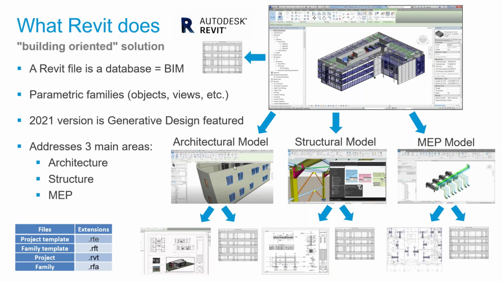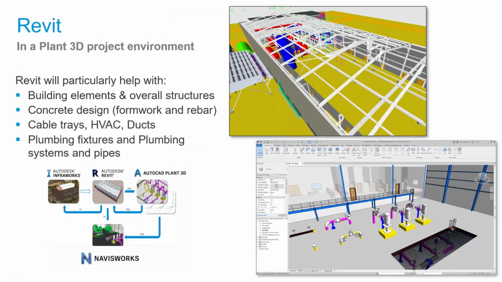So now, if you move to the next slide, Martin. If we think about Revit in a plant project environment, and what's the value of having Revit, I would say Revit has its main strength on the building side.